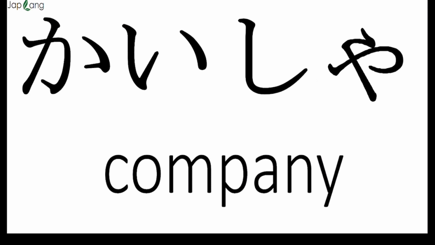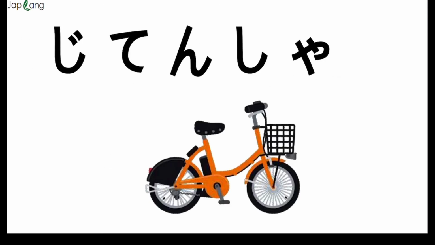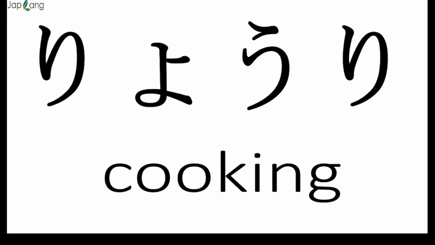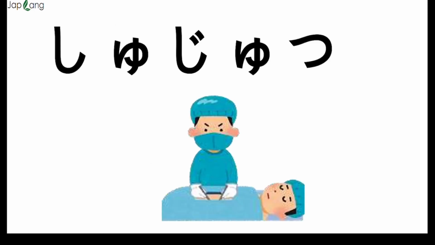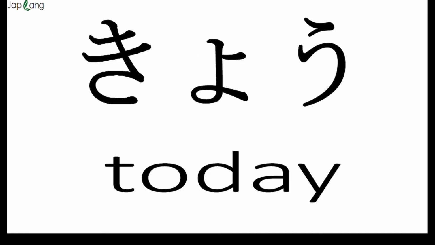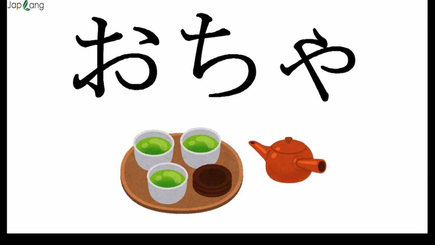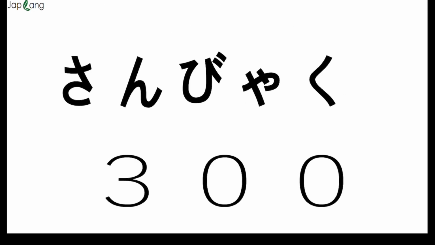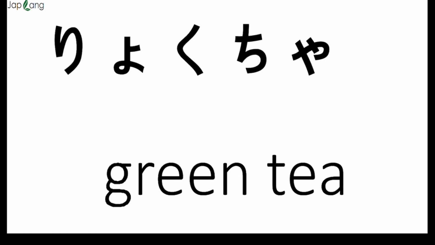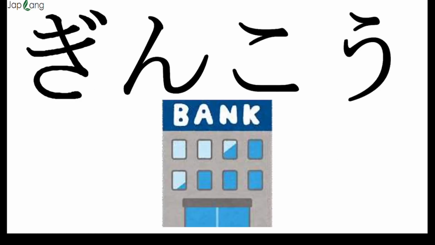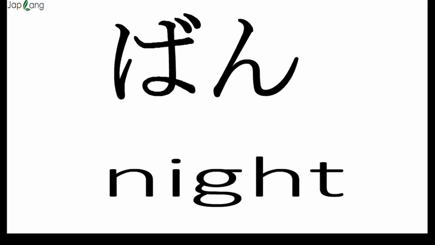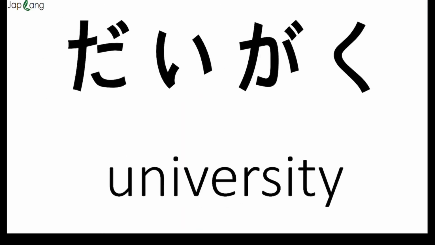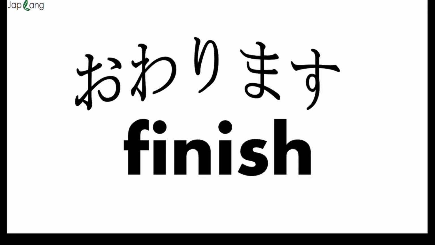Travel is ryokou, hospital is byouin, that's what we had discussed, with the long sign, byouin. Birthday is tanjoubi, 100 is hyaku, candle is rousoku, kingyo is goldfish, isha is doctor, company is kaisha, jitensha is cycle, jisho is dictionary, cooking is ryouri, shujutsu is surgical operation. Today is kyou, ocha is tea, kabocha we learned, a kind of vegetable. Shoukai is introduction, kabin is vase, sanbyaku is 300, doko is where, ryokucha is green tea, ginkou is bank, ban is night, kagu is furniture, daigaku is university, raigetsu is next month, and this is owarimasu.